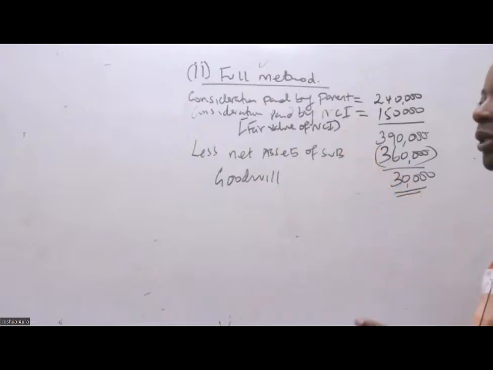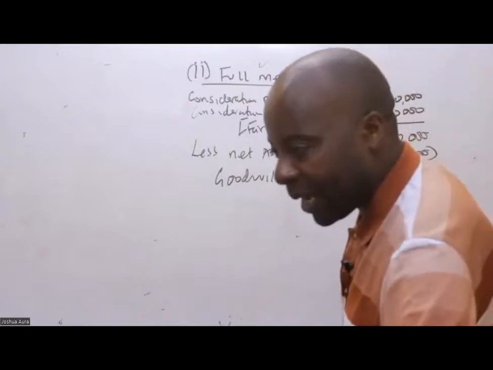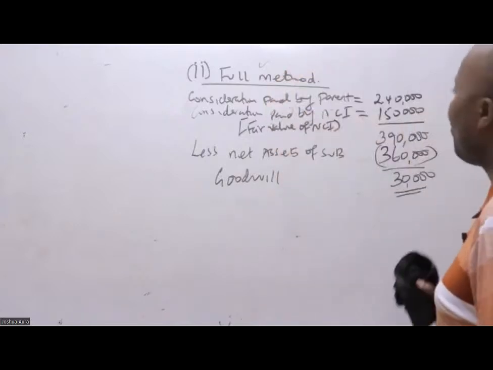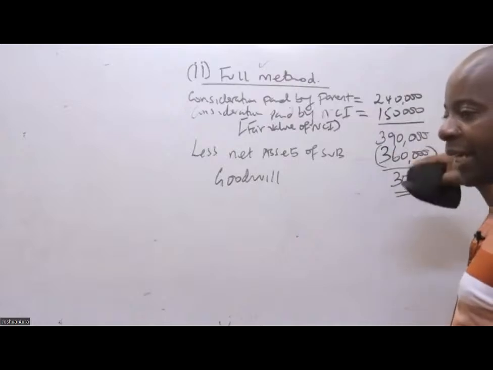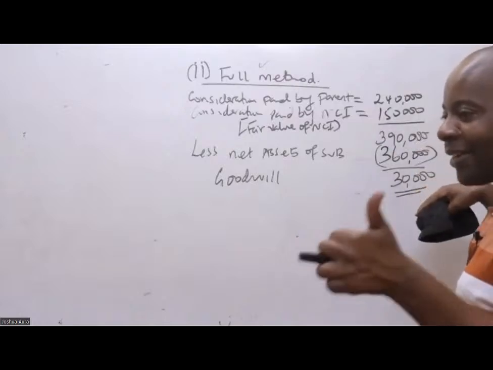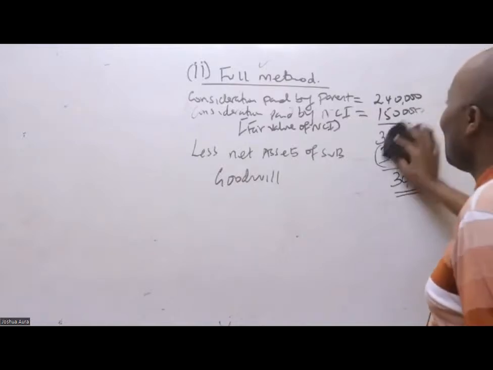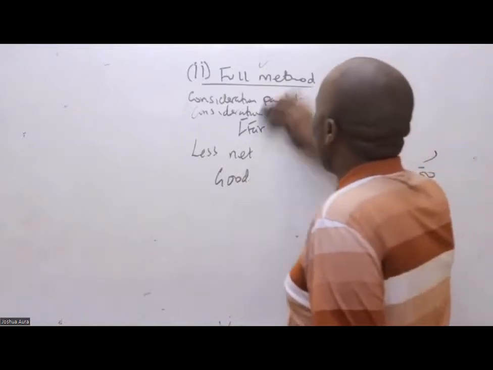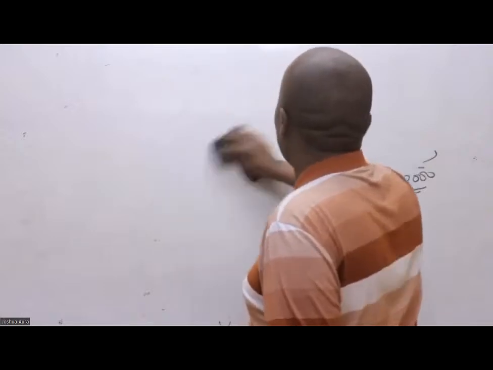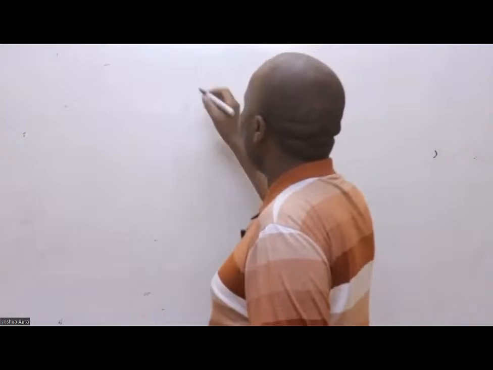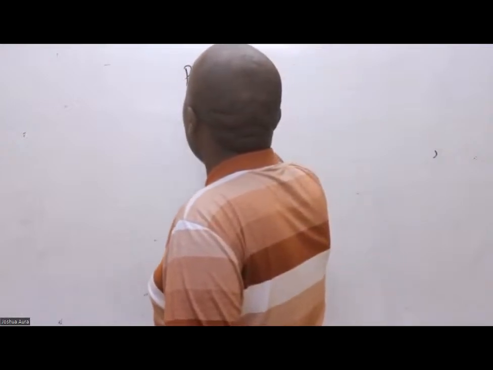Now, how about Roman 1, the partial method? Roman 1 is the partial or proportionate method.